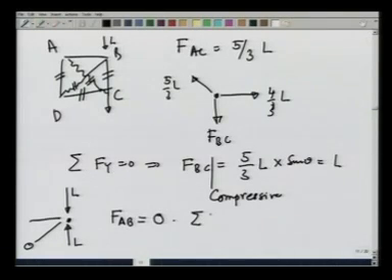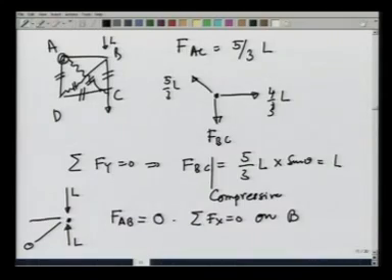This follows from the condition summation Fx equals 0 on B. So, now we have found all forces, and let us check again at point A whether all the forces are consistent.